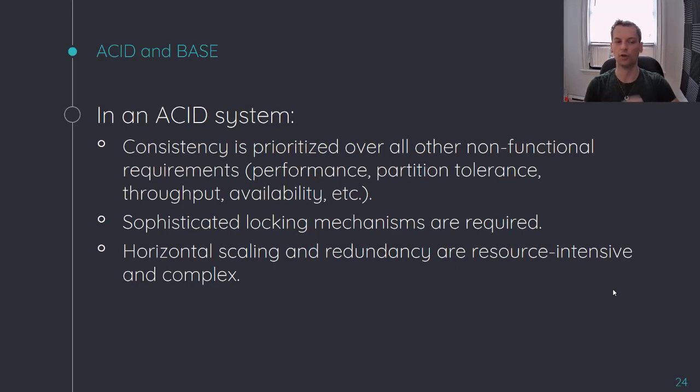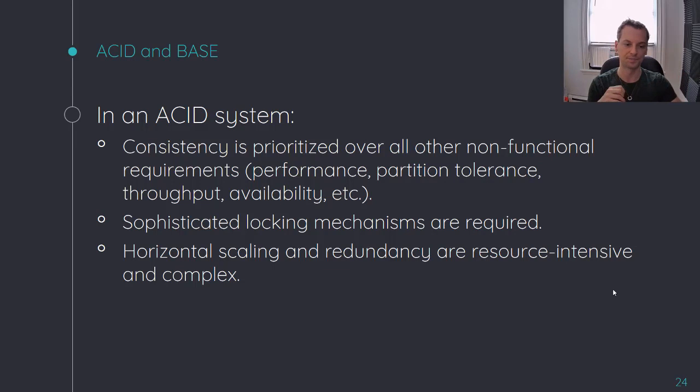So in an ACID system, you are prioritizing consistency above all other concerns. Like, you are only getting one of the 3 CAP options right now. You are getting consistency, and that is the most important thing. Since everything has to sync up, there needs to be some really complicated locking mechanisms. Once this part of the database is updating, that needs to tell every single node, hey, don't let anybody touch this section of the database.